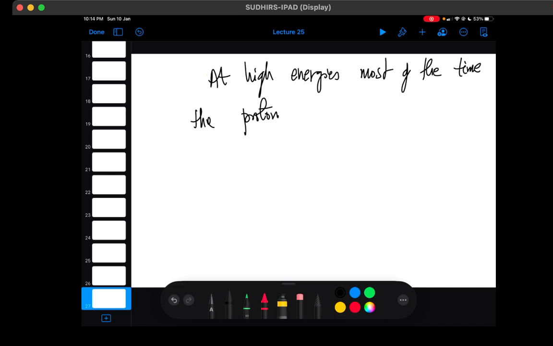At LHC energies, the proton is essentially a gluon.